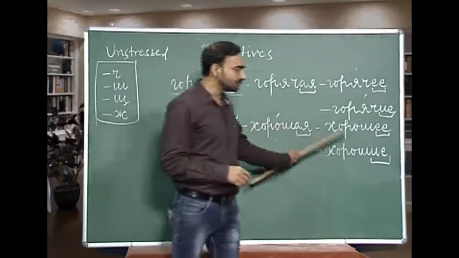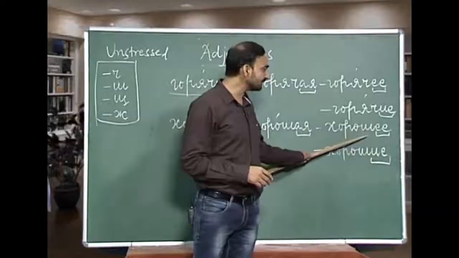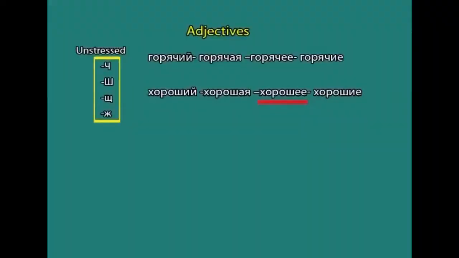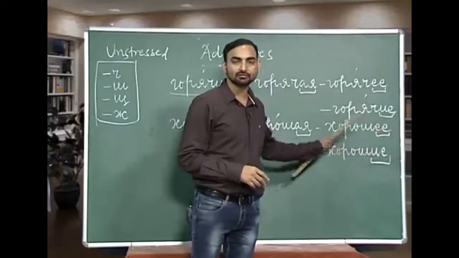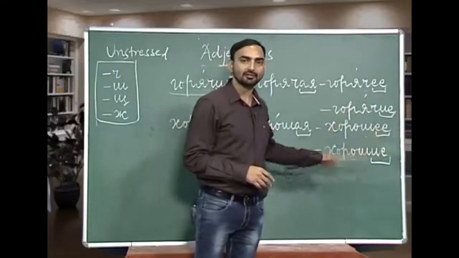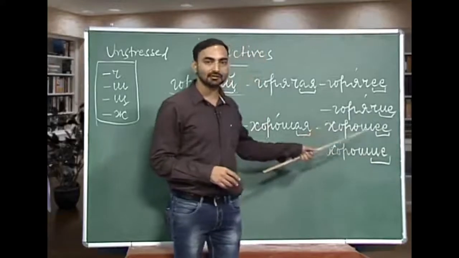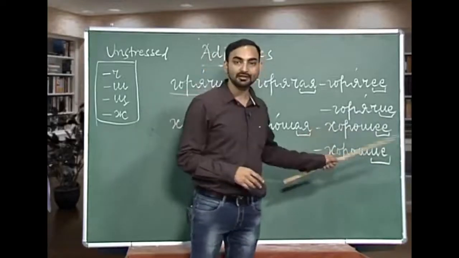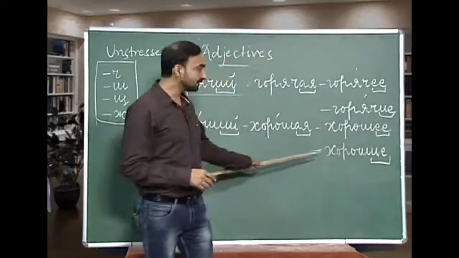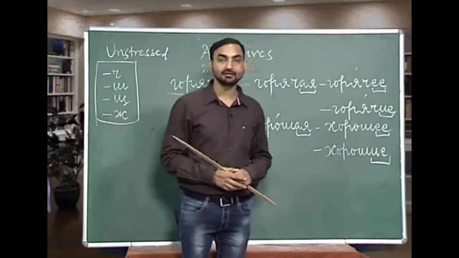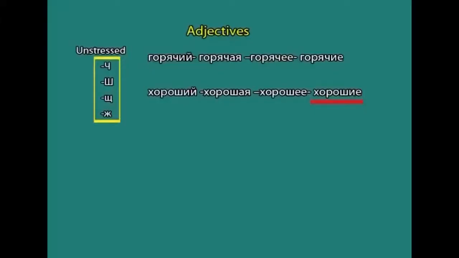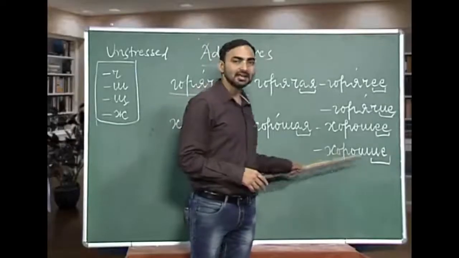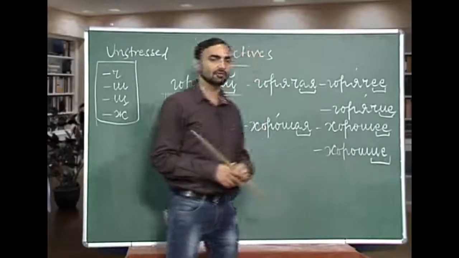If the noun is neuter, then we change it as kharoshe, kharoshe palto, kharoshe akno, and so on. Kharoshe palto is a good dress. And if the noun is plural, for example, kharoshiye kvartiri, nice flats, or so on.